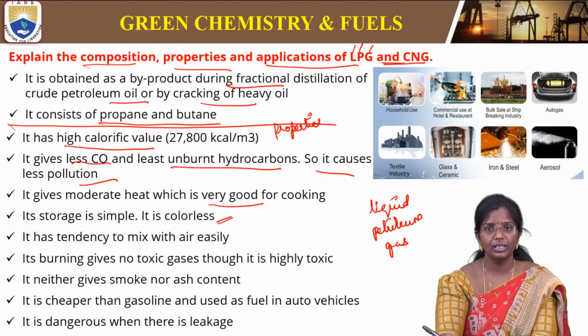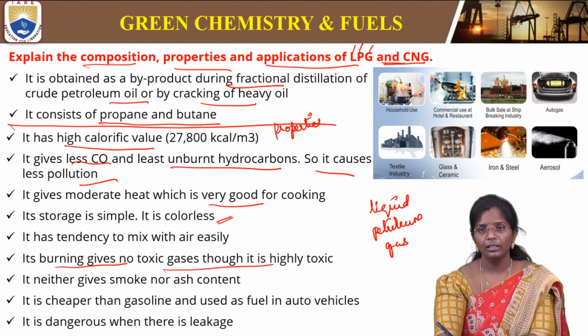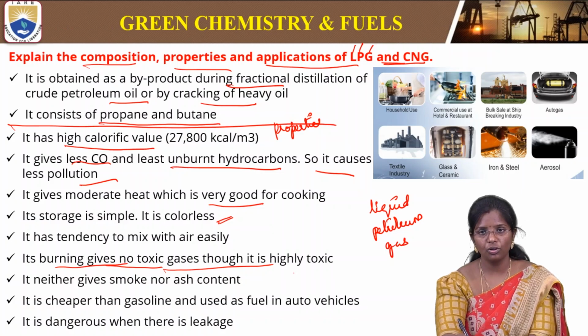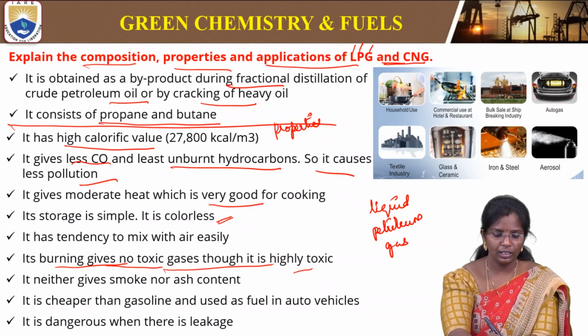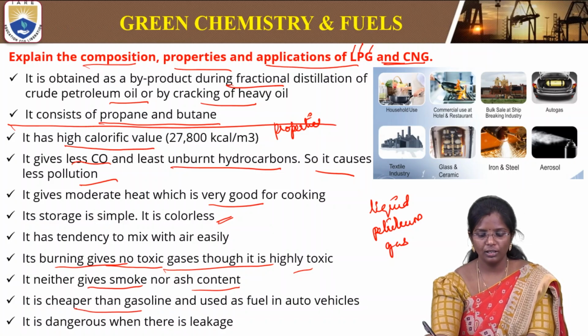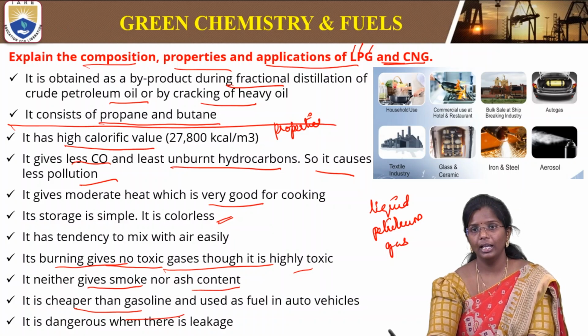It is colorless, tends to mix with air easily, and burning gives no toxic gases. Though it is toxic, it is not giving toxic gases during cooking or any of the purposes. It gives neither smoke nor ash, is cheaper than gasoline, and can be used in auto vehicles, but is dangerous when there is a leakage.